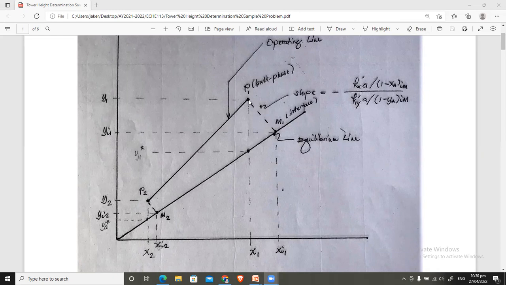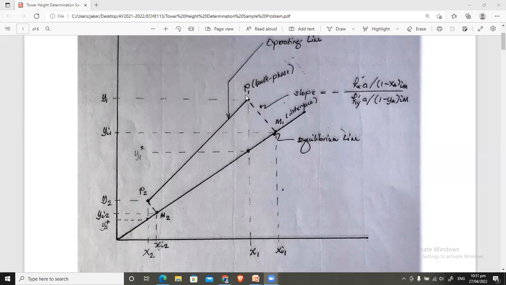Now, if we drop a line of slope equal to negative k sub x prime a divided by the quantity 1 minus x sub a subscript im, all over k sub y prime a divided by the quantity 1 minus y sub a subscript im, to this line, which is your equilibrium line, you will have the point M1.